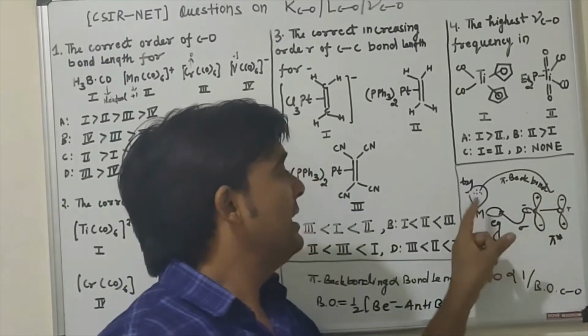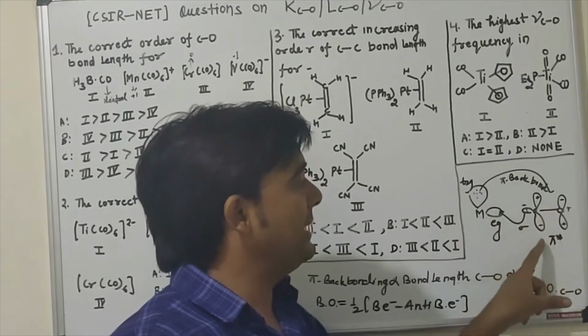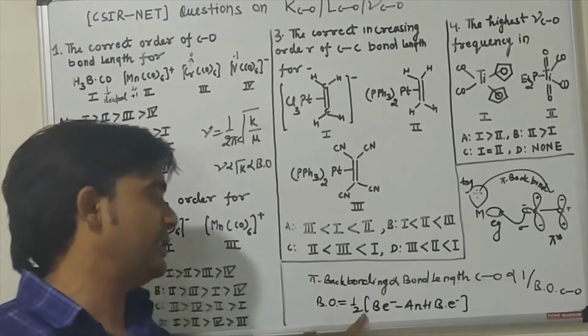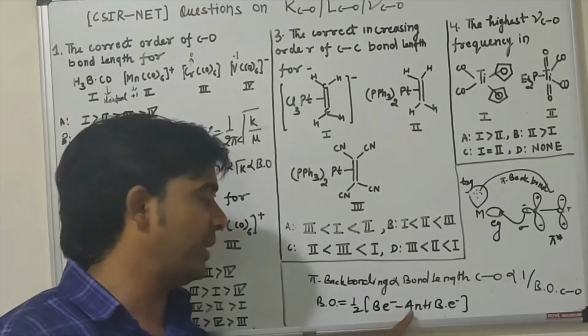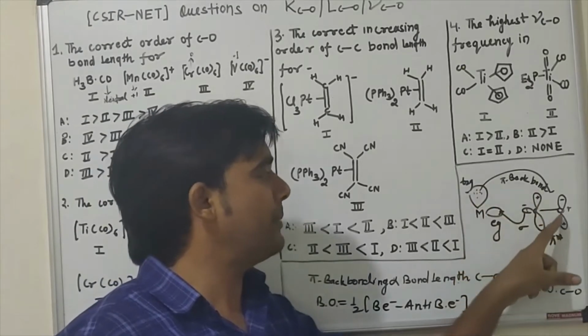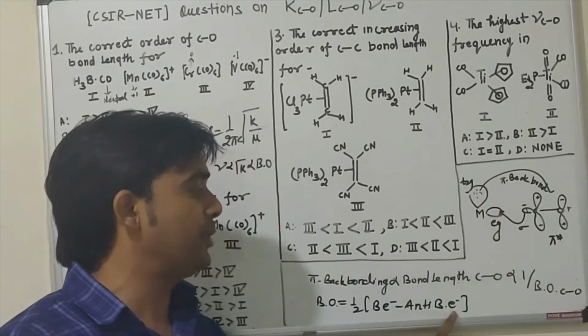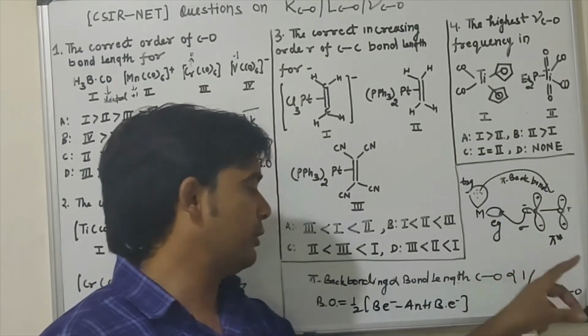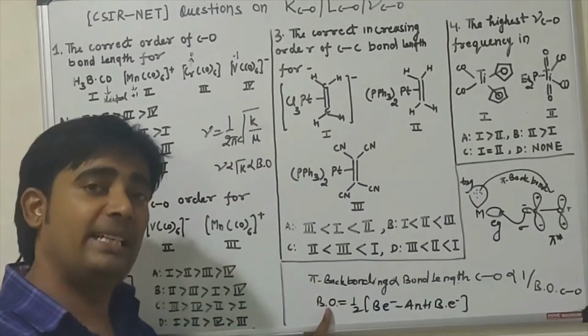Okay, so if there is pi back bonding, then electron density in the antibonding orbitals will increase, and according to the formula, bond order is equal to 1/2 of bonding electrons minus antibonding electrons. So if you increase the pi back bonding, then you increase the antibonding electrons because these electrons are coming into antibonding orbitals. So bond order will decrease.